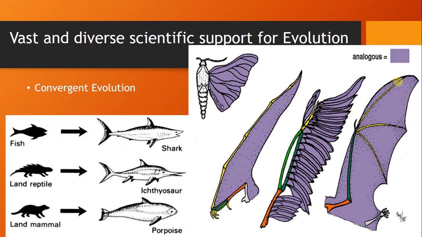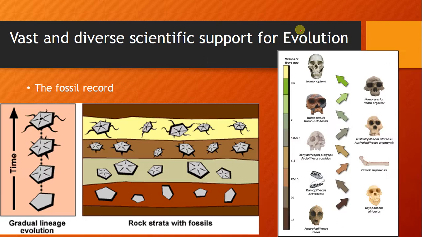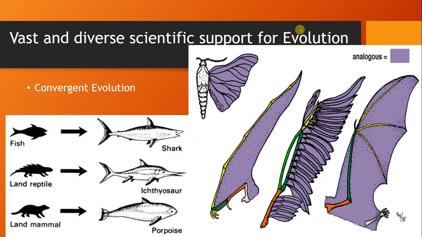So analogous structures have a different underlying structure, but they are used for the same thing, and analogous structures are evidence of convergent evolution, sorry, not coevolution.